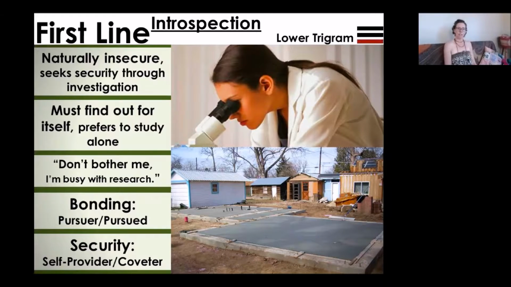This is the investigator. Line 1 is all about investigating the foundation. These people have an innate and natural sense of insecurity about their environment and the people in it, and they're looking out into the world, trying to figure out what is solid, what is secure, what they can rely on, what information is true and what isn't, what people are solid and reliable, and what people have some funky, unspoken intentions.